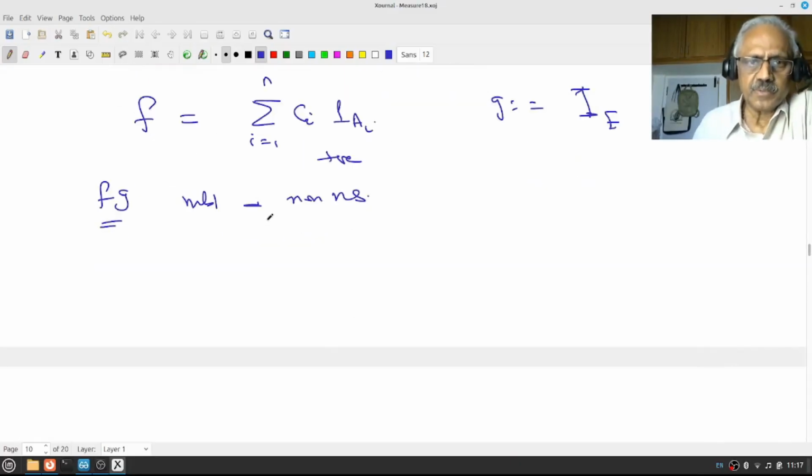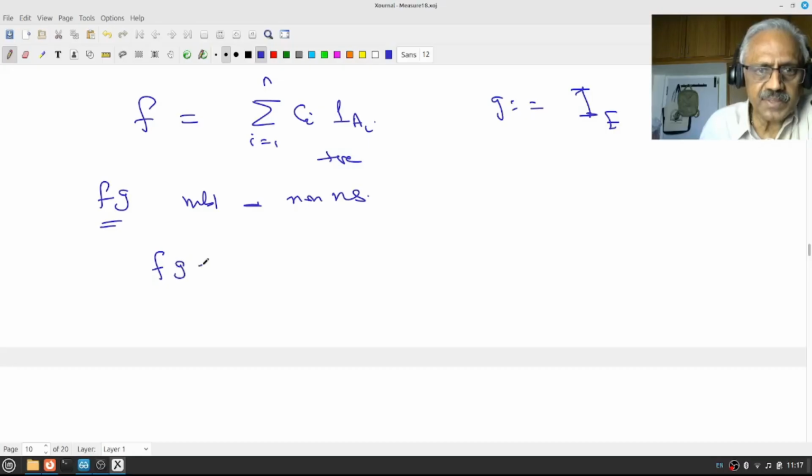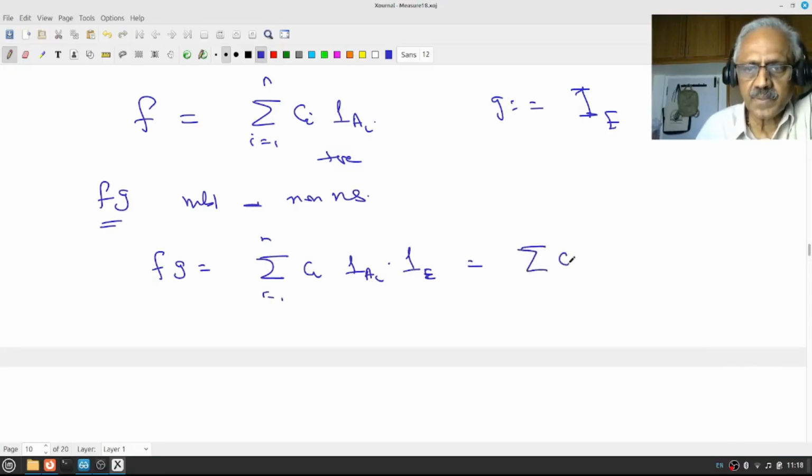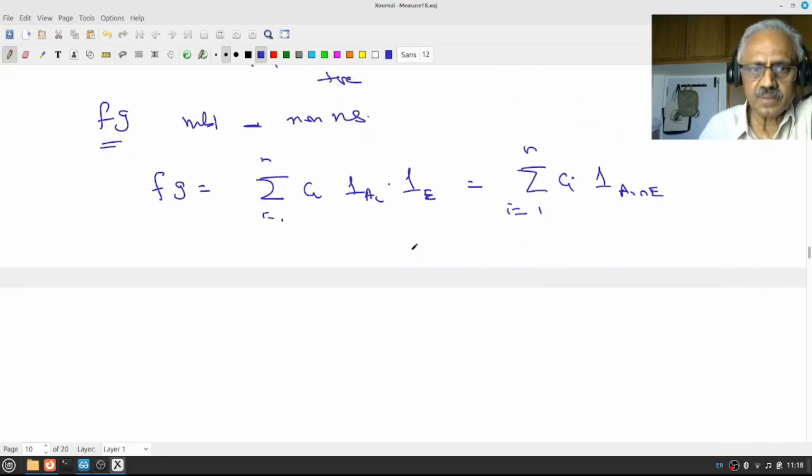But you can even say something more. Therefore, f times g is nothing other than the sum of c_i times indicator of A_i times indicator of E, i equal to 1 to n. Therefore, this is nothing other than the sum of c_i times indicator of A_i intersection E, i equal to 1 to n. And certainly this is simple. Not only is it simple, okay, this is a standard representation.